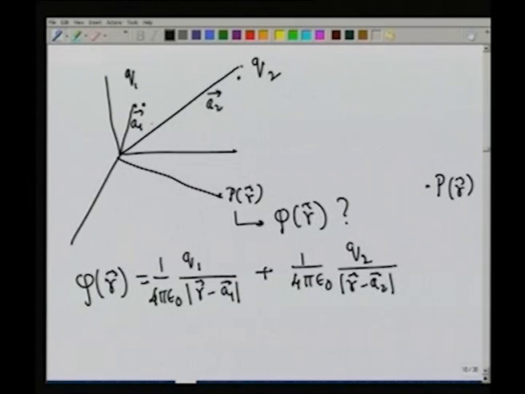We would find that these vectors a1 and a2, the distances a1 and a2 would play a subdominant role, not a dominant role, not a leading order contribution, but a subdominant role in contributing to my potential. So these are the essential qualitative features that we should be familiar with.